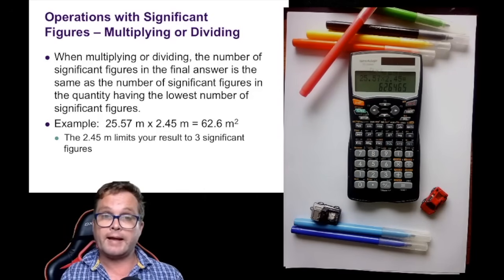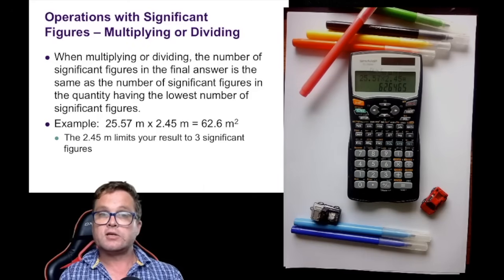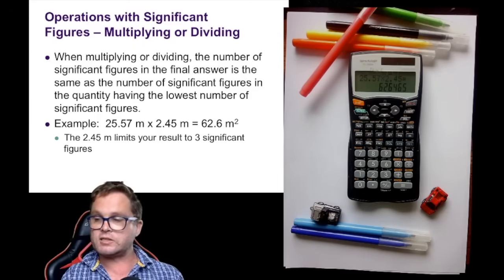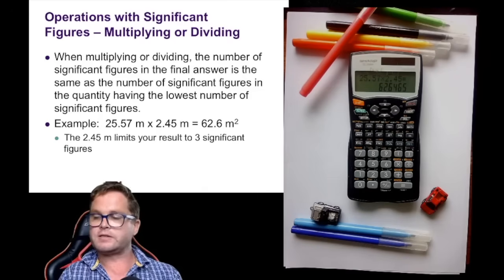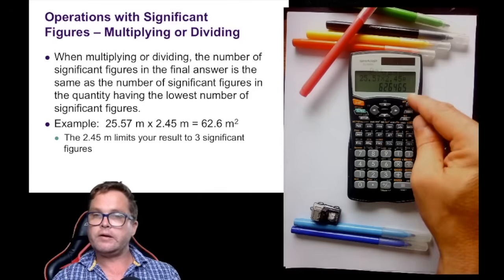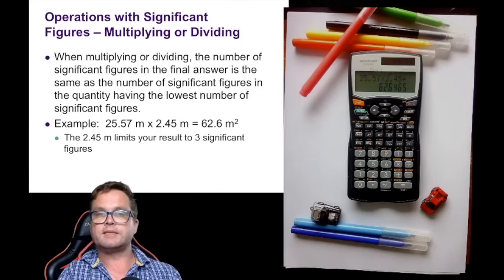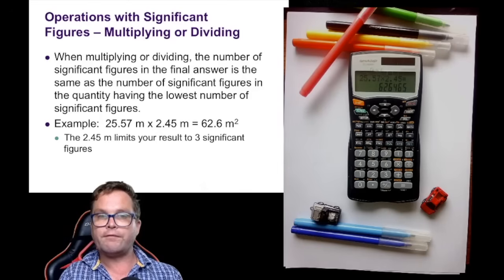Because I'm multiplying, I look at how many significant figures the first one has. Well, it has 1, 2, 3, 4. The second one has 1, 2, 3 significant figures. So this means that the final answer we need to write as having 3 significant figures, which is why we round this number off to just 62.6. So here, the 2.45 limits your result to 3 significant figures.